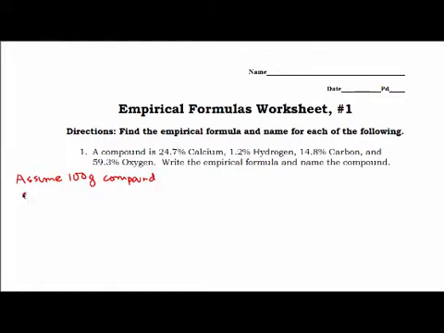If I have 100 grams of compound, then I have 24.7 grams of calcium, and I have 1.2 grams of H, and I have 14.8 grams of carbon, and I have 59.3 grams of oxygen.